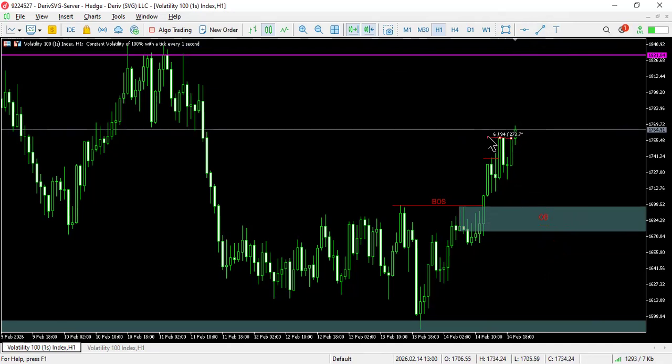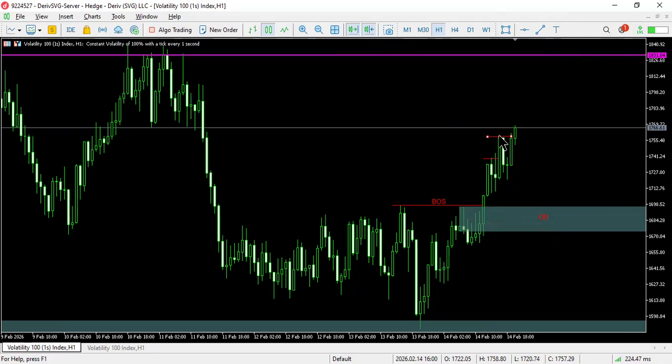However, if price did not mitigate this first order block, as it moves up, all these order blocks that price is creating here, all this becomes liquidity that price has to clear to come and tap into that order block, right there.